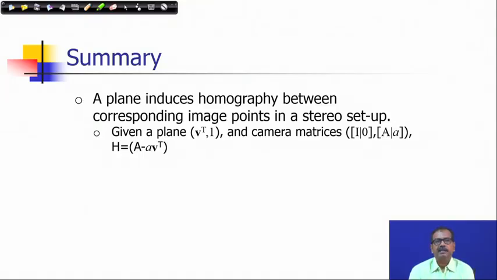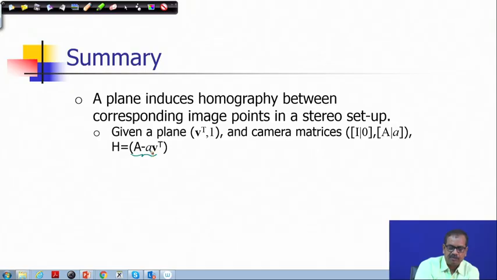So, the plane is described by say V transpose 1, where V transpose gives the directions of the normal of the plane, and the camera matrices are given by I 0, that is the canonical camera matrix of the reference camera, and capital E, that is a general camera matrix. Then the homography induced by that plane is given in this form.